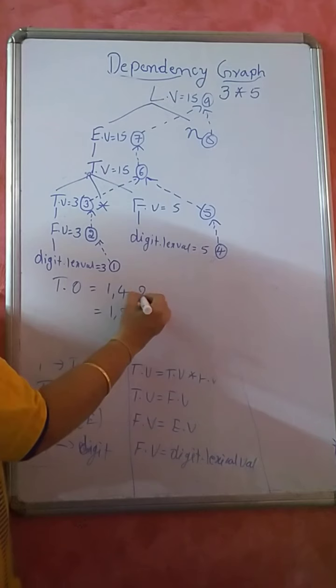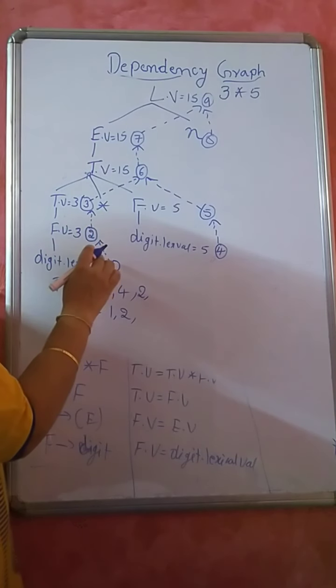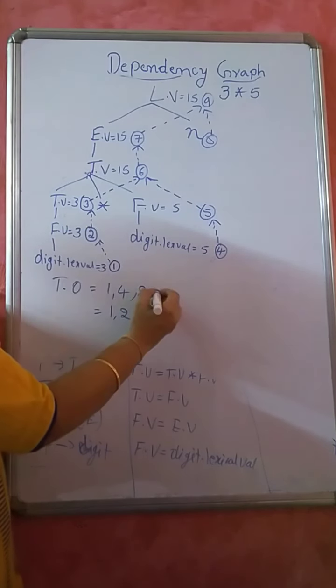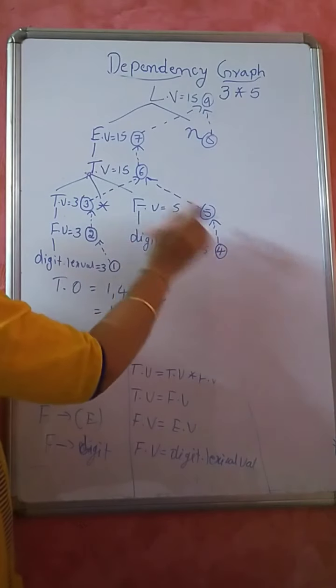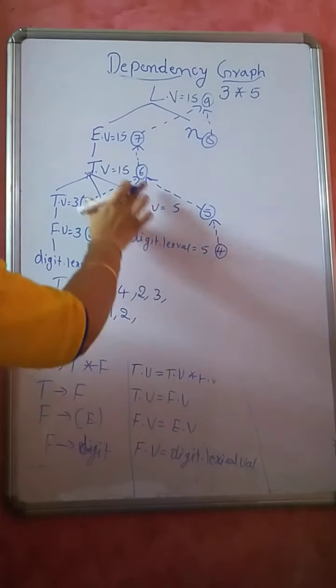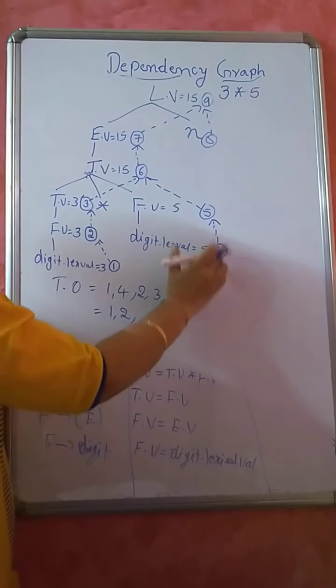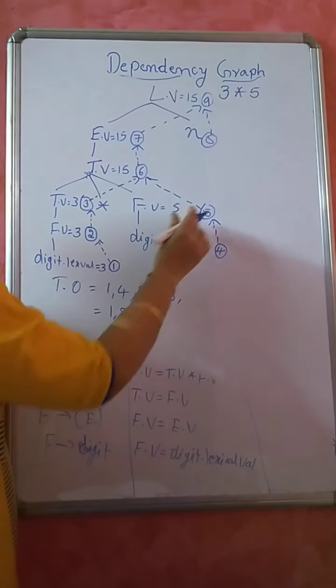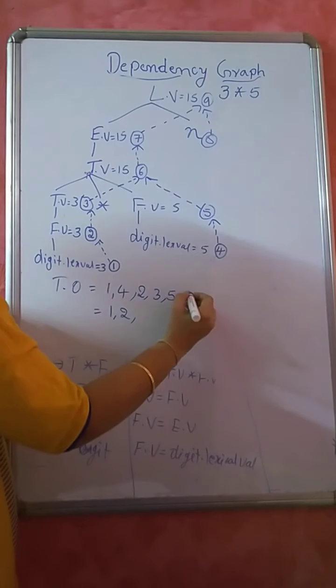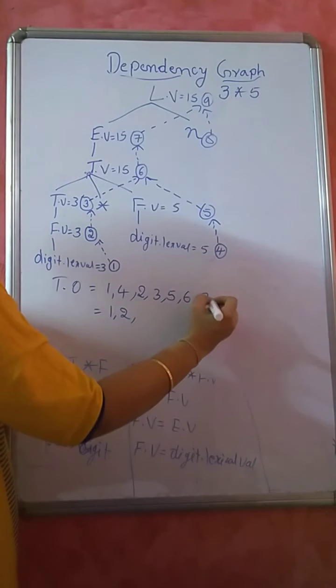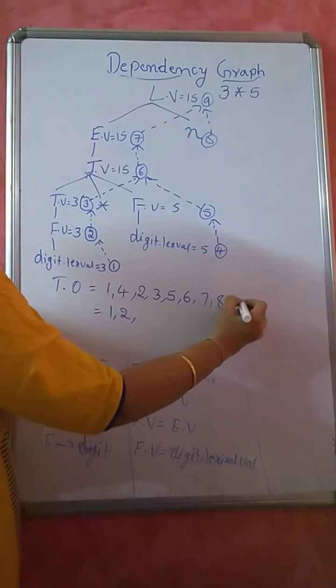Both are correct. Then I remove this, so write 3. Then I cannot eliminate this one because it depends on this one, so I have to start with this. 4 I have already removed. I can write 5, then both I can remove, 6, then 7, then 8, then 9.